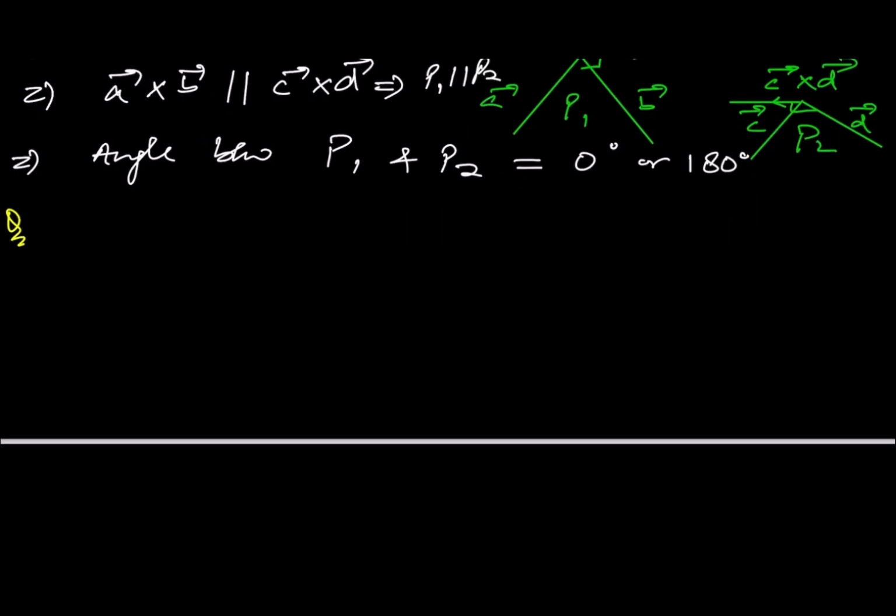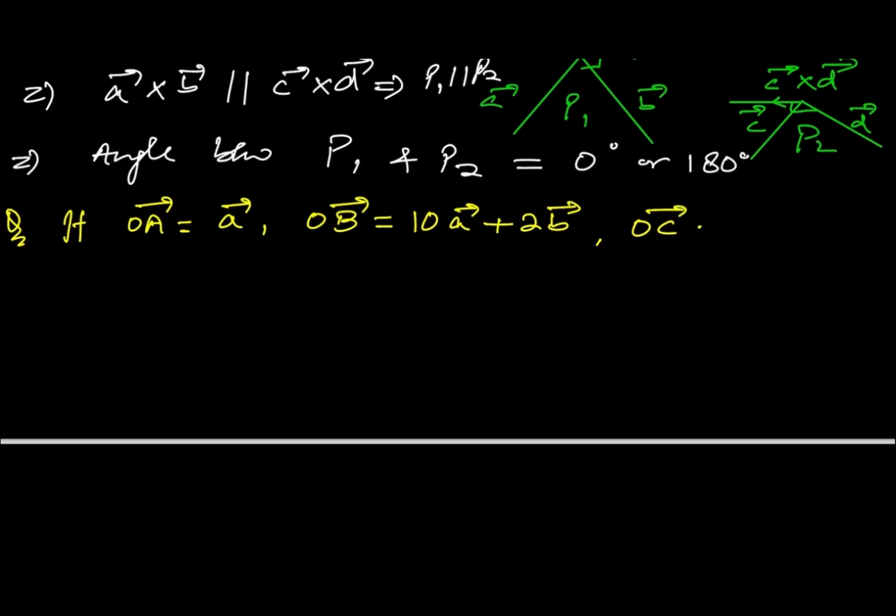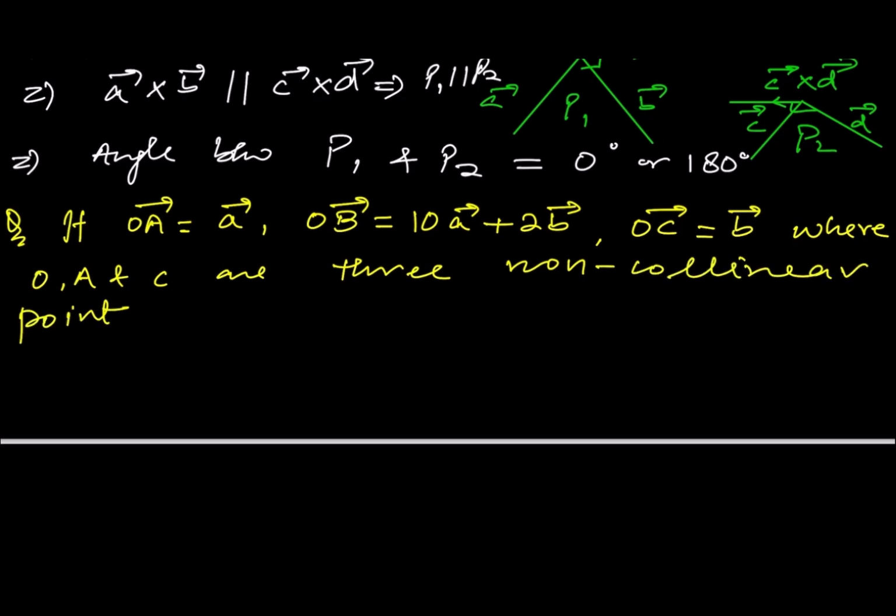The question is, if vector OA is equal to vector A, vector OB is equal to tan A vector plus 2B vector, and vector OC is equal to vector B, where O, A and C are three non-collinear points, right?